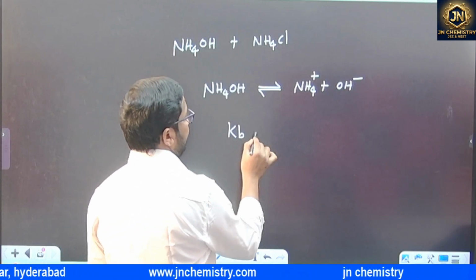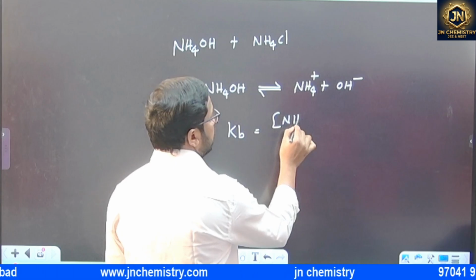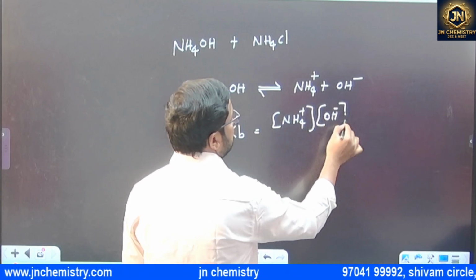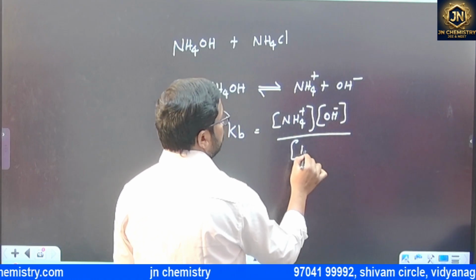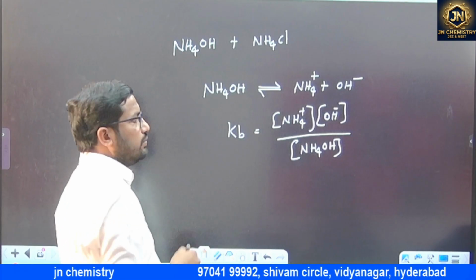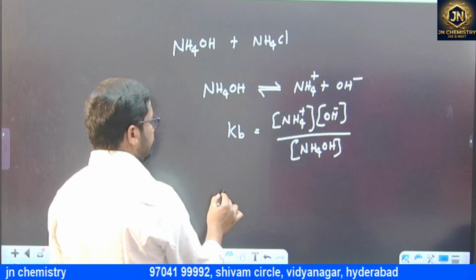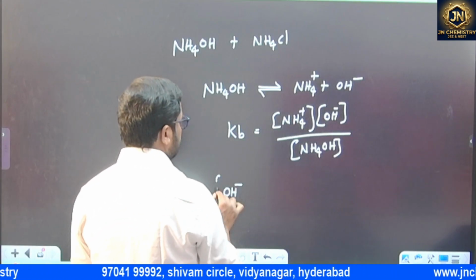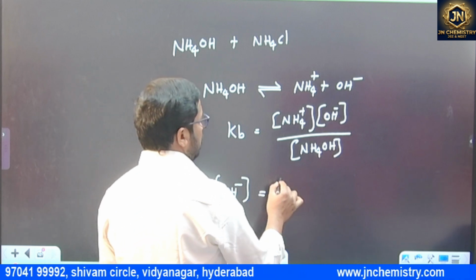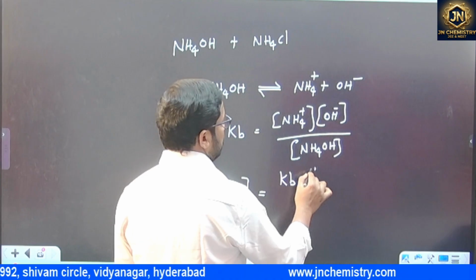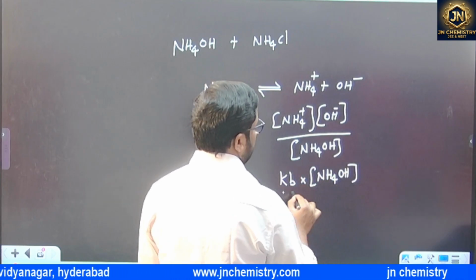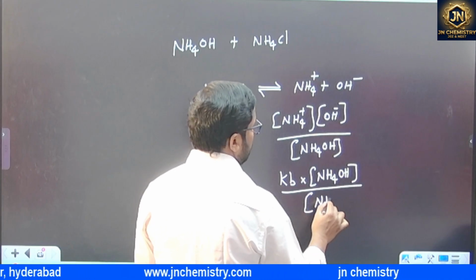Kb equals NH4 plus concentration times OH minus ion concentration by NH4OH. OH minus concentration is equal to Kb times NH4OH concentration by NH4 plus.